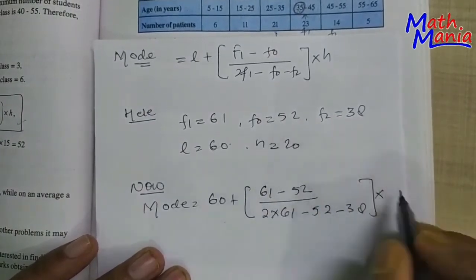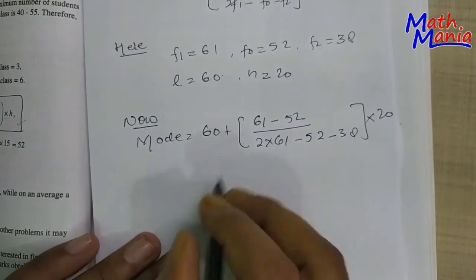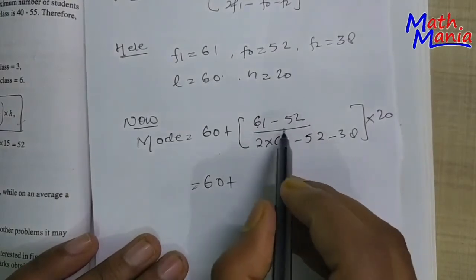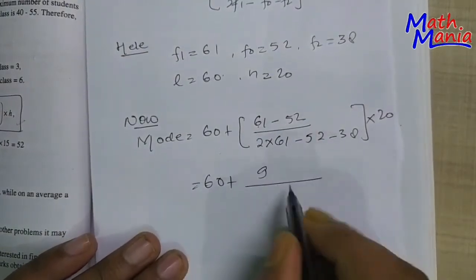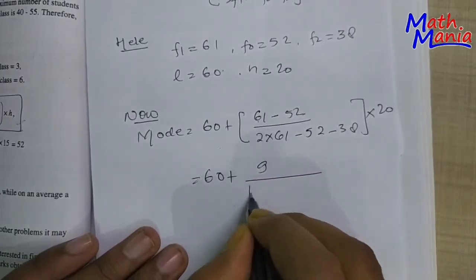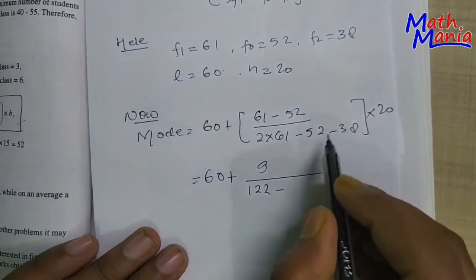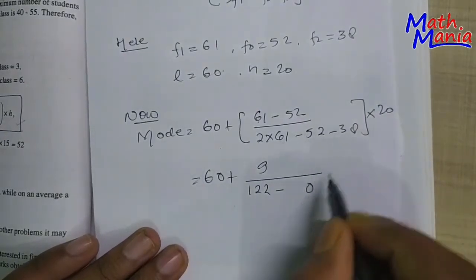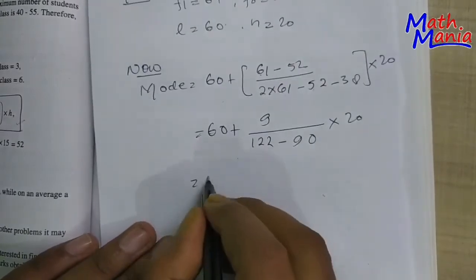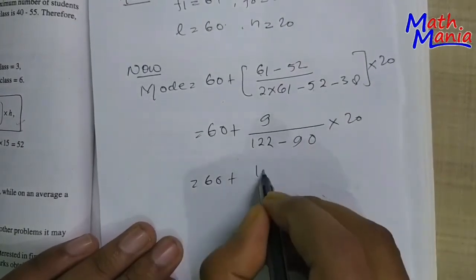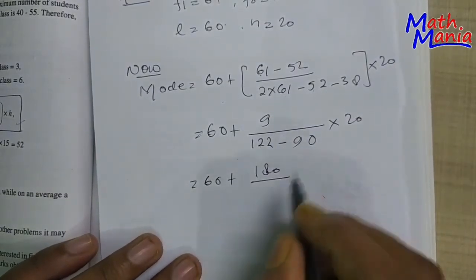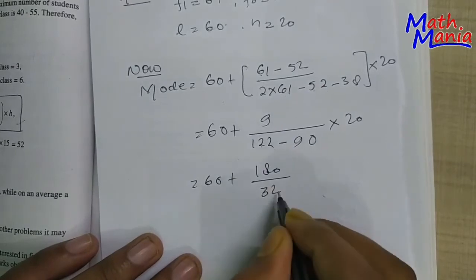And multiplied by 20, which is h. Let's solve. 60 plus (61 minus 52 is 9) divided by (122 minus, adding these two, 90), multiplied by 20. Let's solve this. 60 plus 9 times 20 is 180, divided by 32 after subtracting.